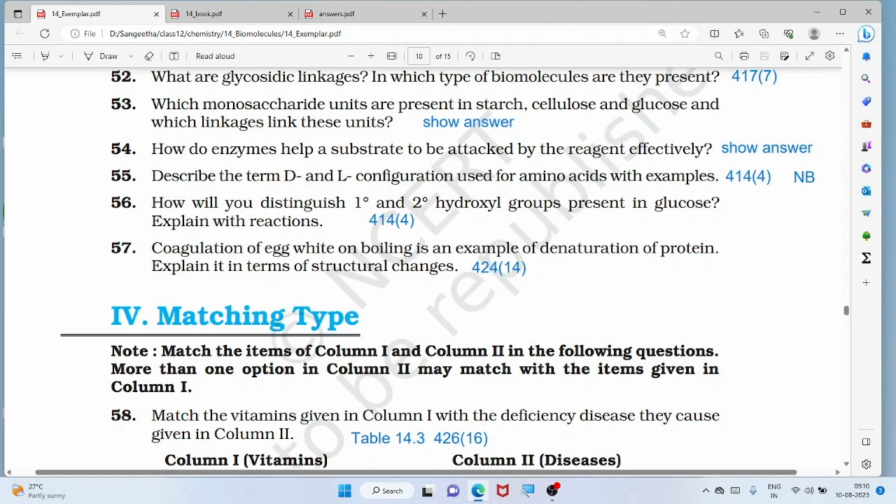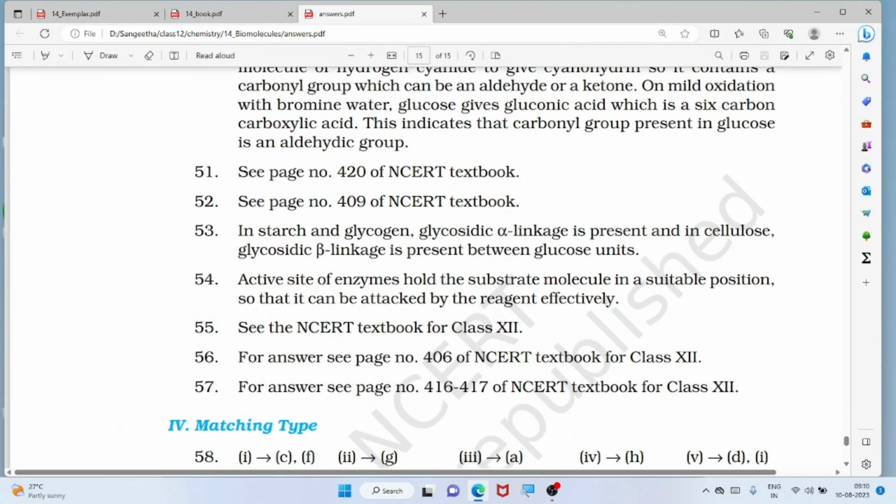How do enzymes help the substrate to be attacked by the reagent effectively? Active sites of the enzymes hold the substrate molecule in a suitable position so that it can be attacked by the reagent effectively.